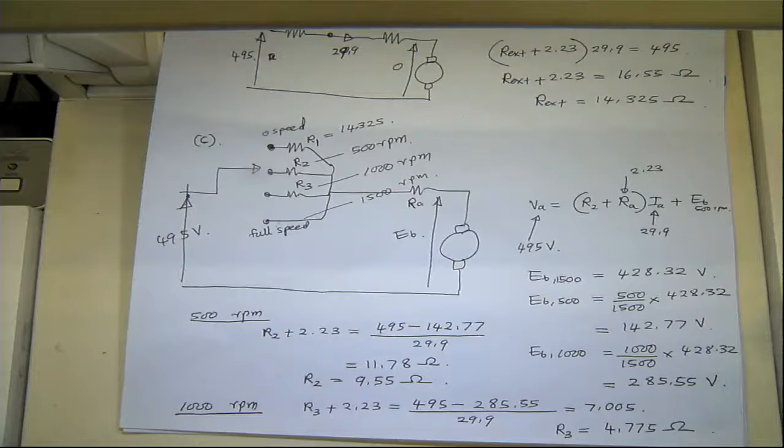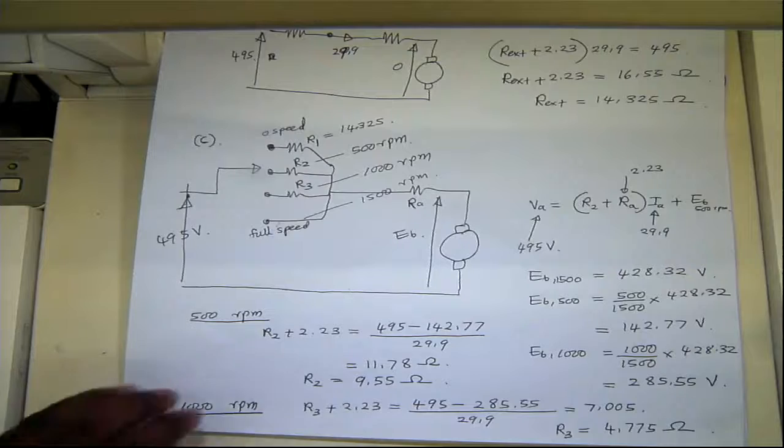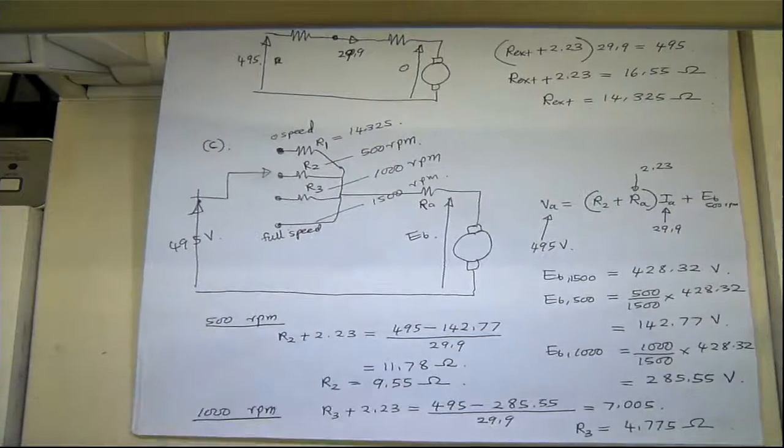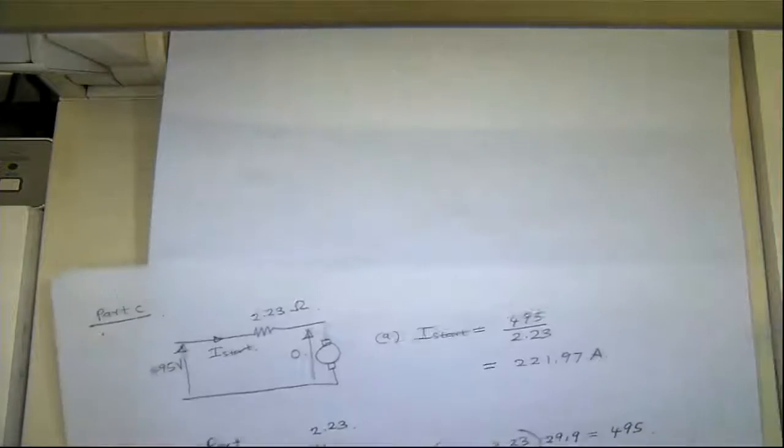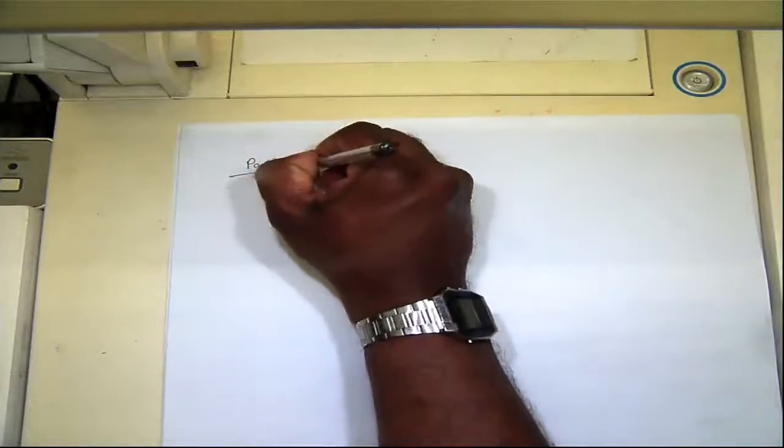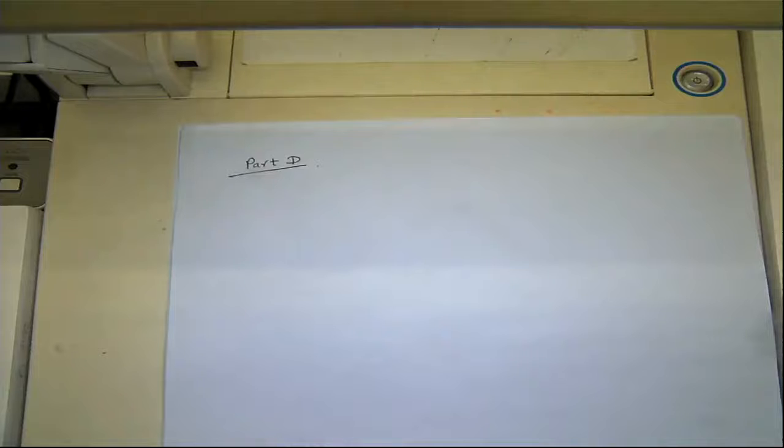Any questions? So the next part is field weakening, part D. I think you covered that a little bit in the lectures as well.